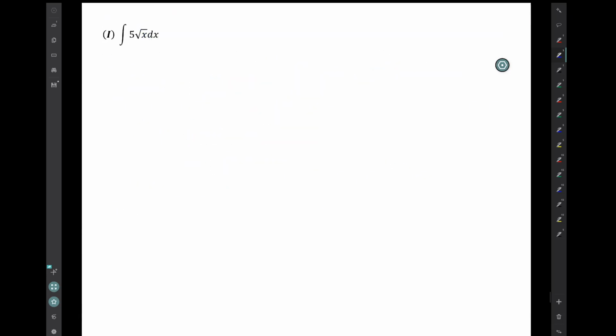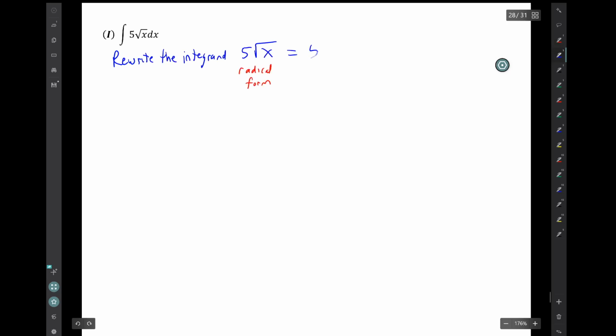Let's go on. Indefinite integral of 5 square root of x. Well, here we should rewrite the integrand. So the integrand 5 square root of x can be written as 5 times x to the 1/2. That's power function form.